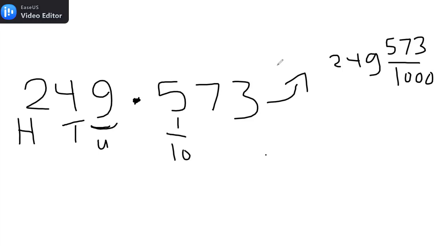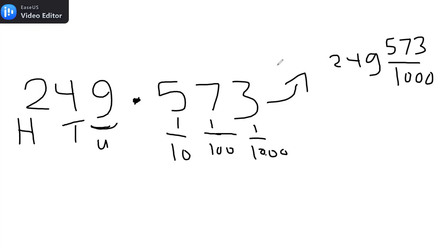And the digit 7 is in the hundredths place, 1 over 100. Not hundreds with S, but hundredths with TH. And the digit 3 is in the thousandths place, 3 over 1,000. This is what we mean by the place value of each digit in this number.